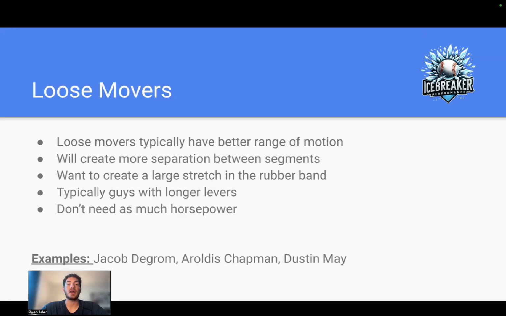But those guys typically have more explosiveness, more horsepower, but in general, in order to throw hard as a loose mover, you need less horsepower than somebody who's a tight mover because you're able to generate more force just from having a long stretch. So you don't need to actually produce that force muscularly or concentrically.